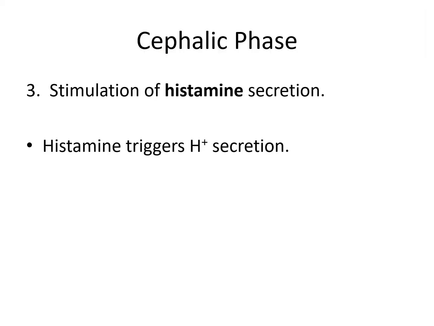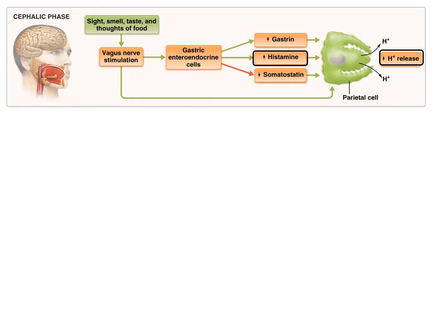A third way in the cephalic phase is the stimulation of histamine secretion. Histamine triggers hydrogen ion secretion. So if we look back at this figure again, these gastric enteroendocrine cells will secrete histamine, and this will affect hydrogen ion secretion from the parietal cells.